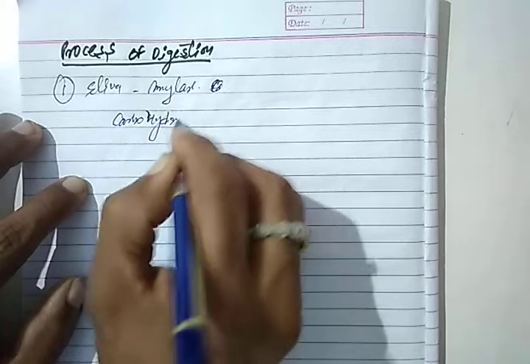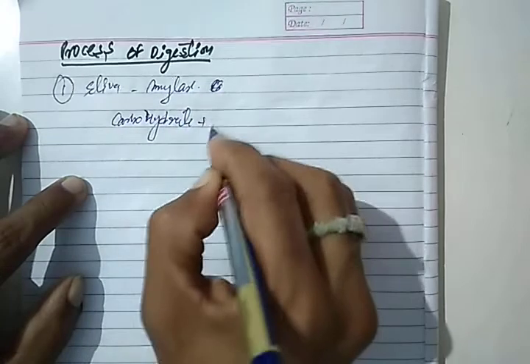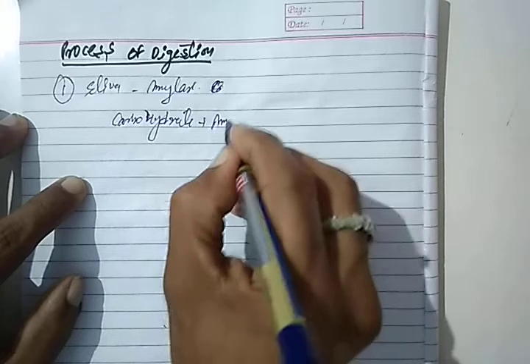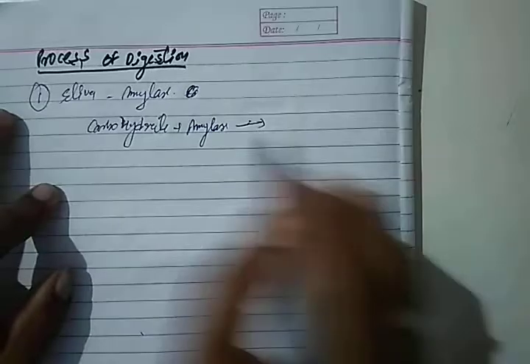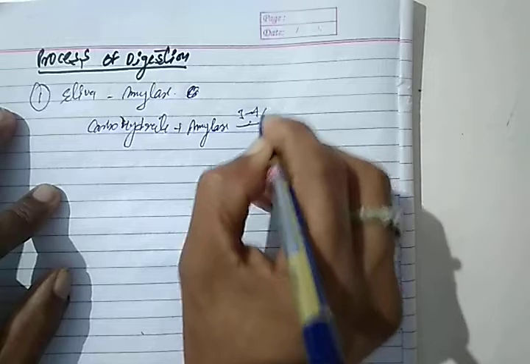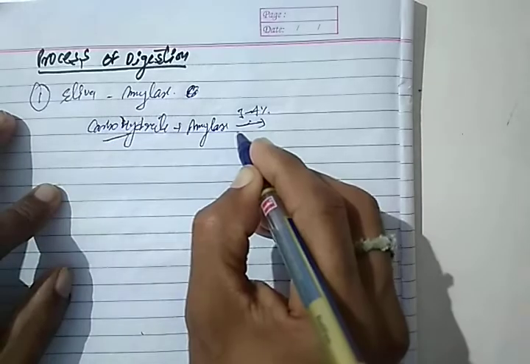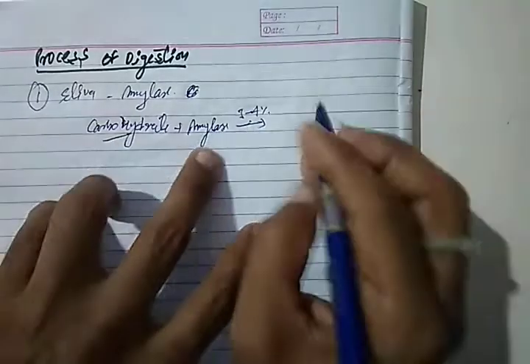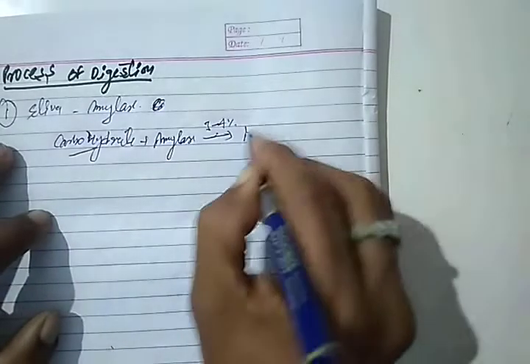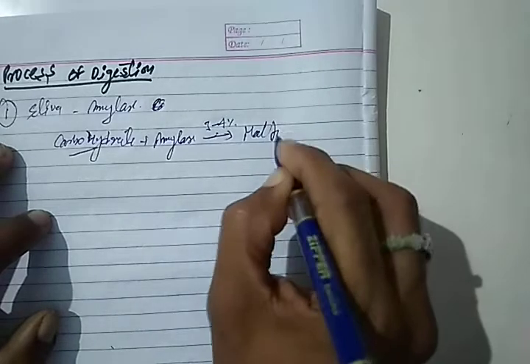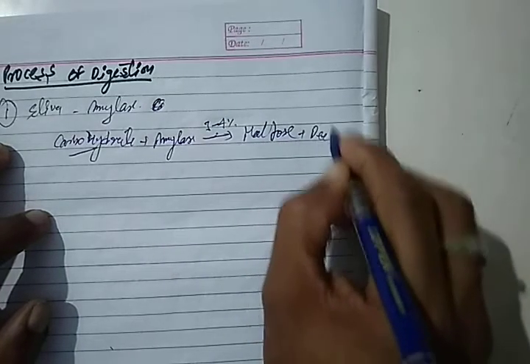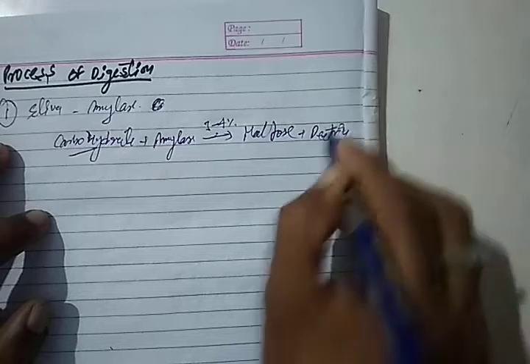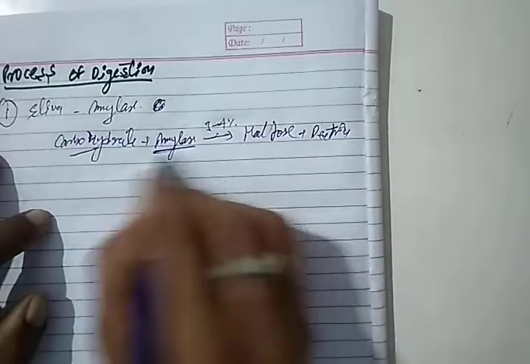Amylase converts about 3 to 4% of carbohydrate into maltose and dextrin.